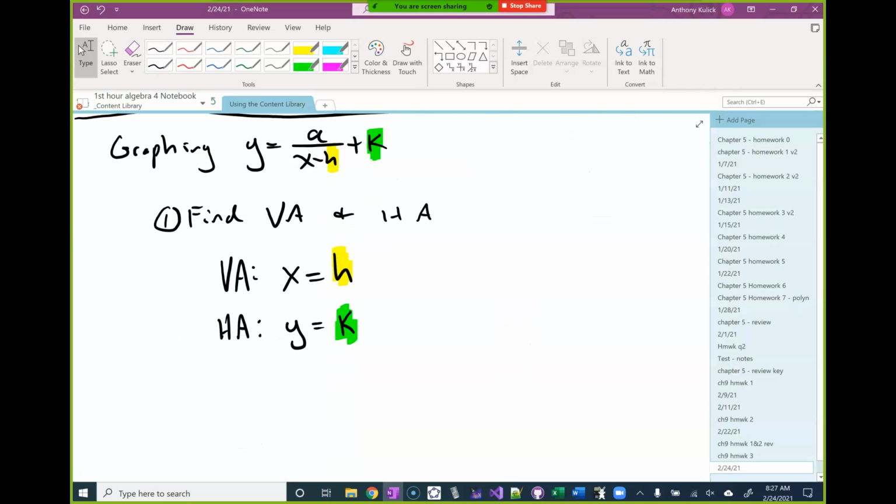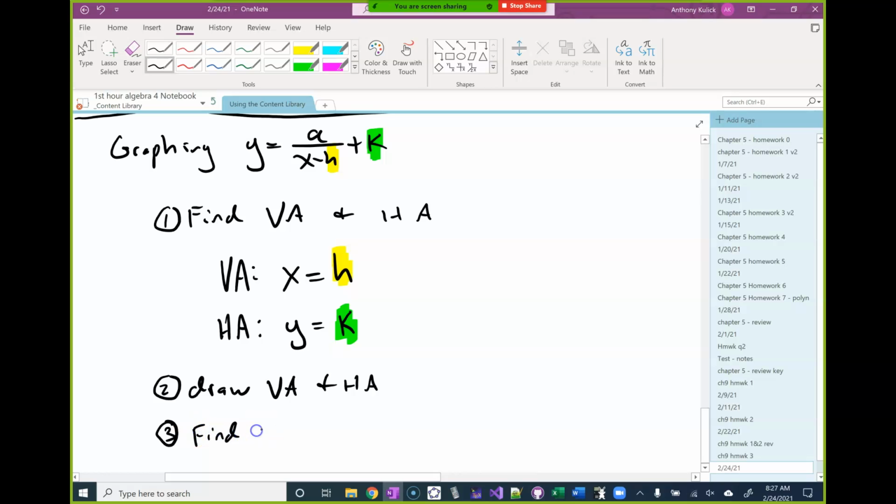After we've located the vertical and horizontal asymptotes, we draw those on our graph. Then we would find 3 points on either side of the vertical asymptote.